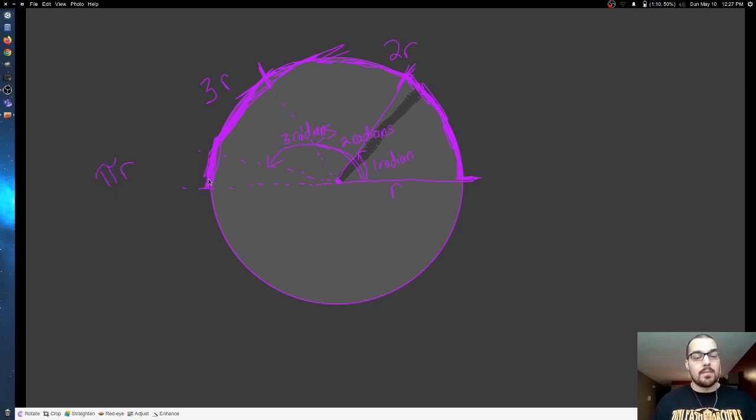That's the length of it. Or if I took pi radians, so that's 1 radian, 2 radians, 3 radians, 3.141592653 radians, I would get half the circle, meaning a full circle has 2 pi radians. The same way a full circle has 360 degrees.